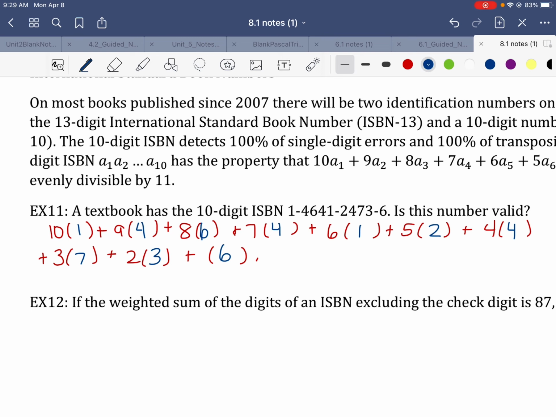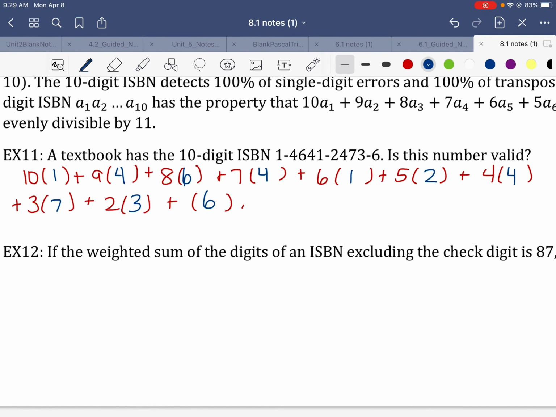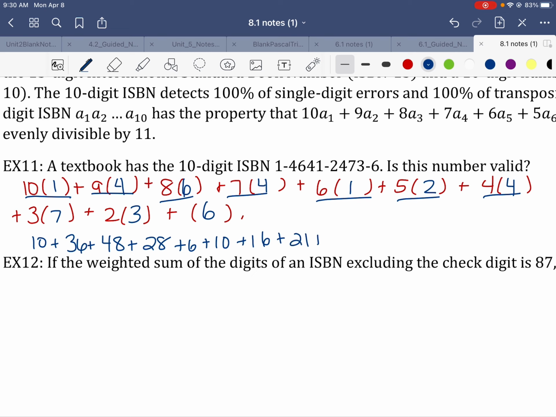Now I'm going to do all the multiplication here. 10 times 1 is 10. 9 times 4 is 36. Plus 48. That's that one. Plus 28. That's this one. Plus 6. Plus 10. Plus 16. Plus 21. Plus 6. And then plus 6.